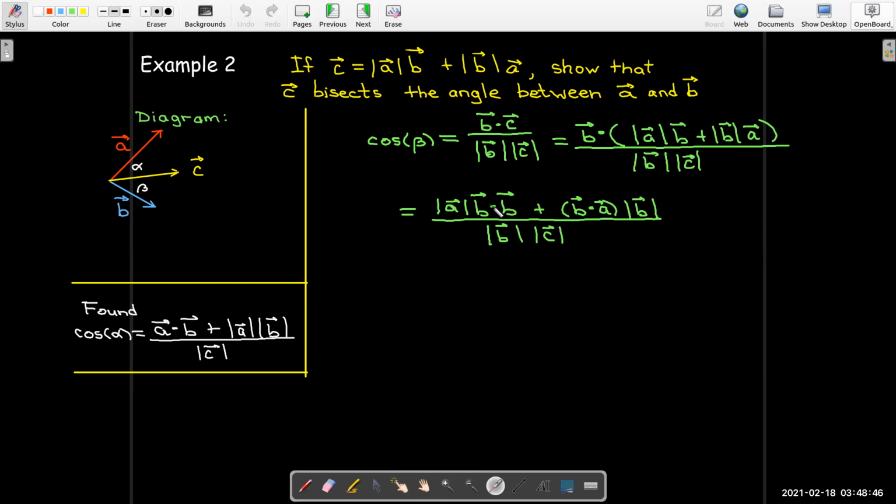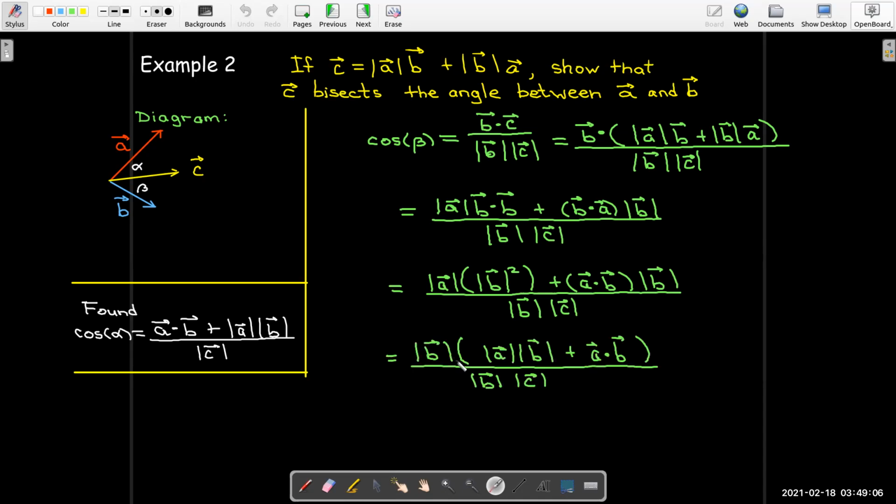So I'm going to use the same idea I did before. B dotted with itself is the same as the length of B squared. Well, now I have a common factor in the numerator of the length of B. So let's factor that out in front. And now I have a common factor in the numerator and the denominator.